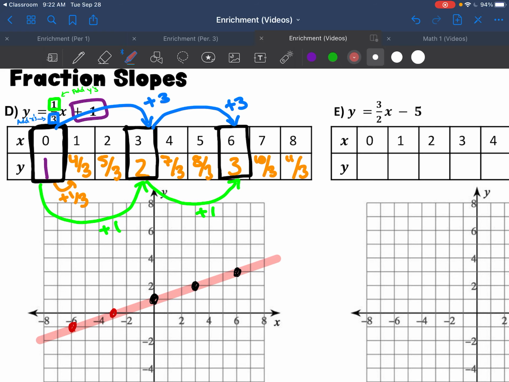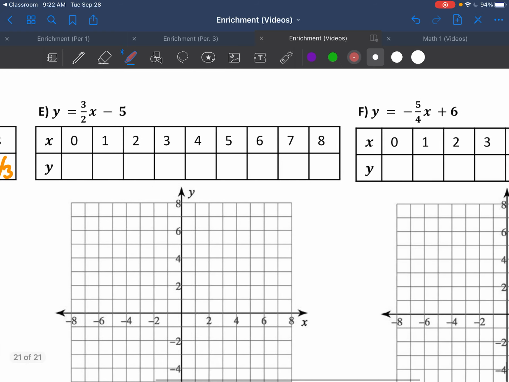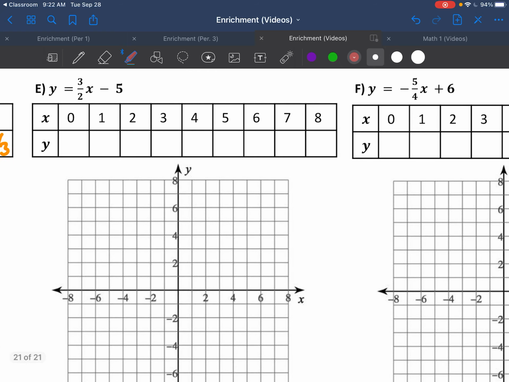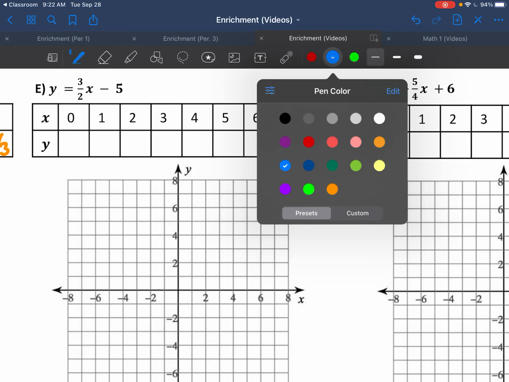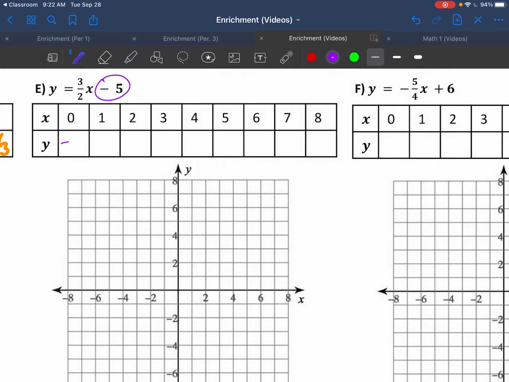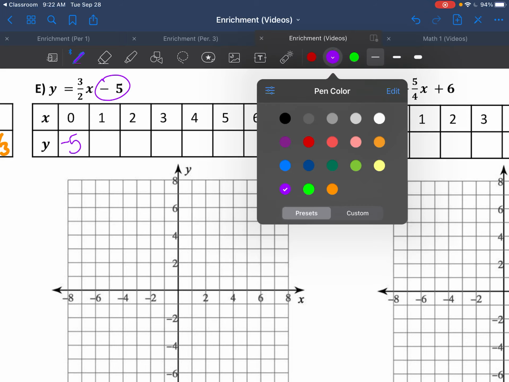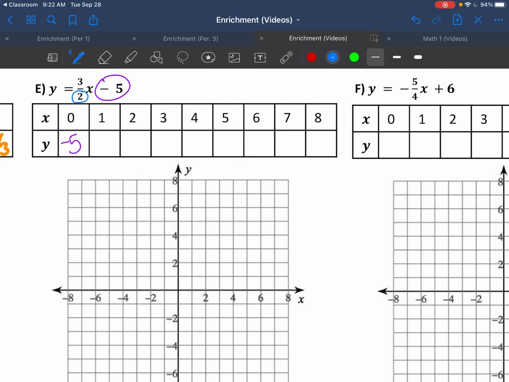So let's look at this next guy. We start with our x's starting with times 0. So we can start with this -5 here in our table. Now, what I want us to be careful of is looking at our denominator. This is how we add in our x's, and we want to start there. So we're adding by 2 in our x's.